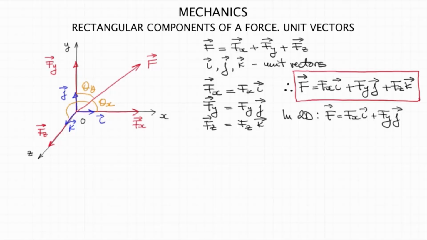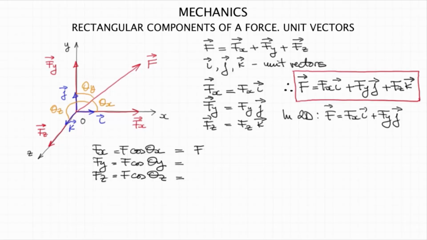Now, F makes 3 angles with the axes: theta x, theta y, and theta z. And we can again express the magnitudes of the components of F, Fx, Fy, Fz, in terms of these angles. So Fx equals F cos theta x, Fy equals F cos theta y, and Fz equals F cos theta z.